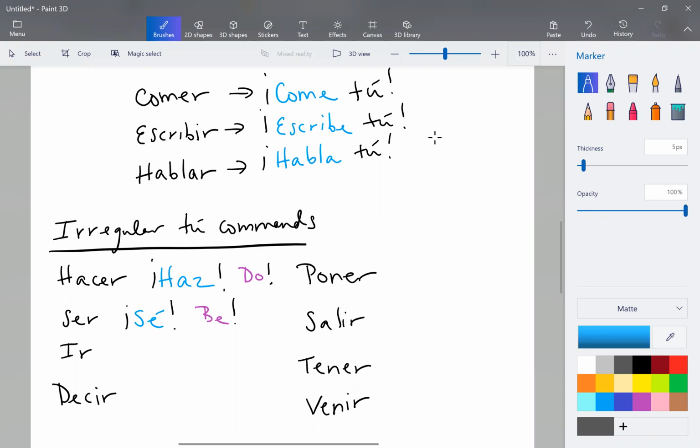For ir, we have ve, which means go, like get out of here. For decir, we have di, which means say or tell.